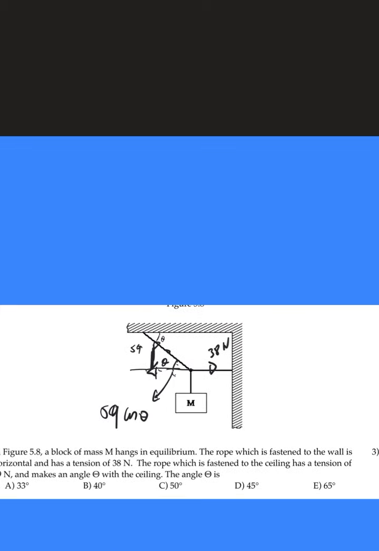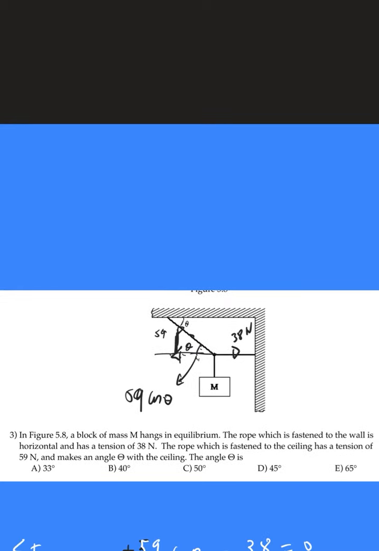Okay, so in this problem we have a rope fastened to the ceiling with a tension of 59 newtons, which makes this angle here with the ceiling, right?